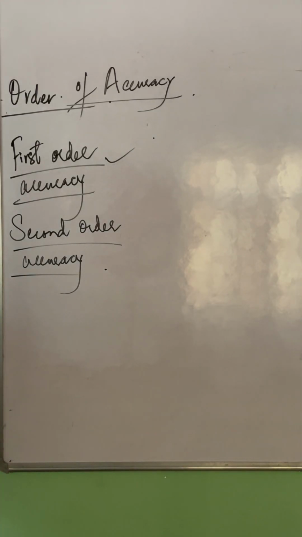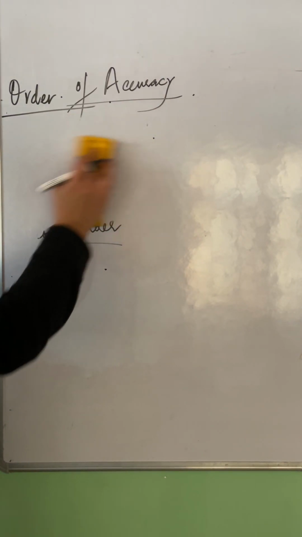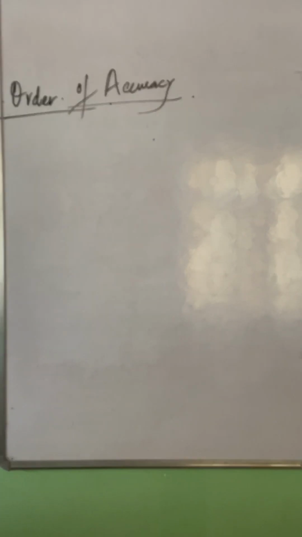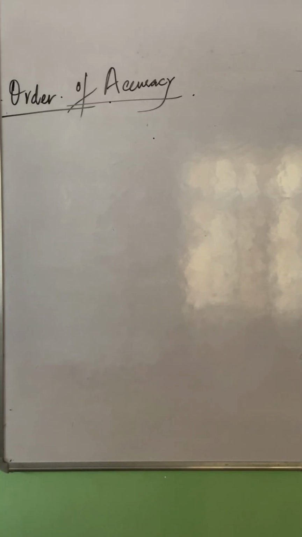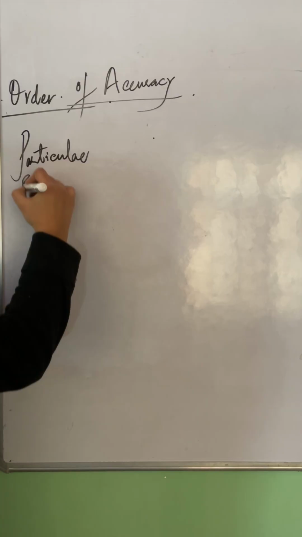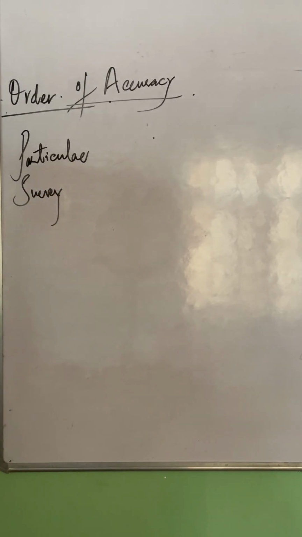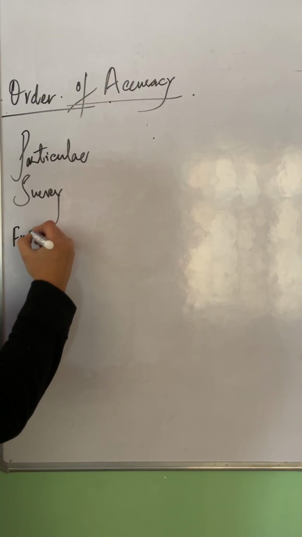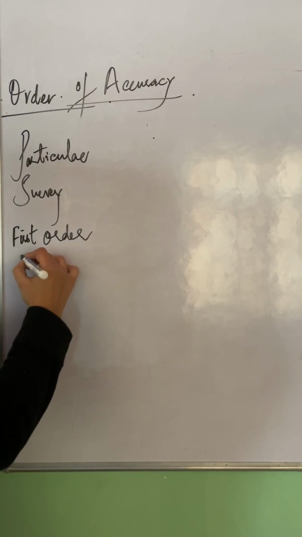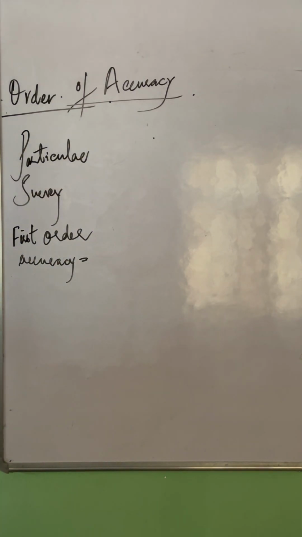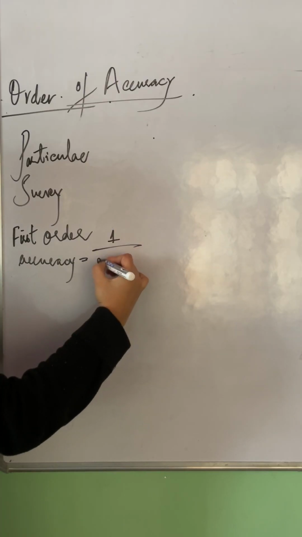All right. Let's take an example. The following standard of accuracies may be expressed for the horizontal distances for a particular survey. We are taking a particular survey, and we have different standards of accuracies for this particular survey. First order accuracy is equivalent to, say, 1 by 25,000.